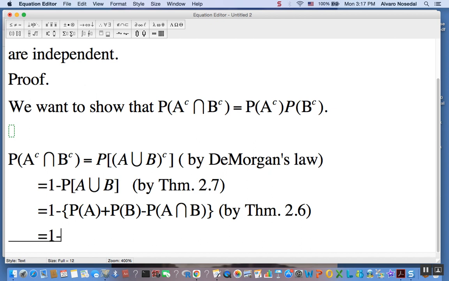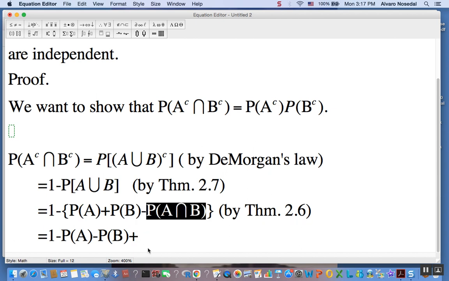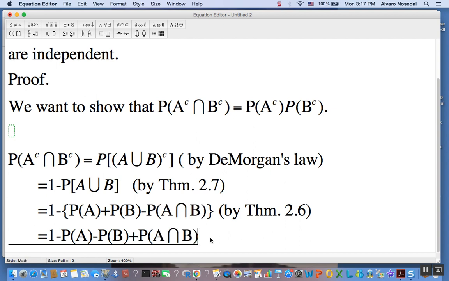So 1 minus probability of A, minus times plus, that's a minus, so I'm going to have a minus probability of B. Then I'm going to have a plus probability of A intersection B. And we're just doing math, algebra, okay?